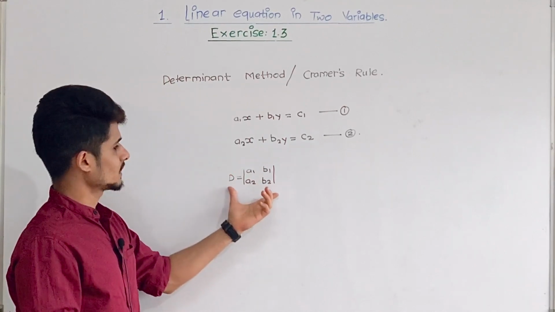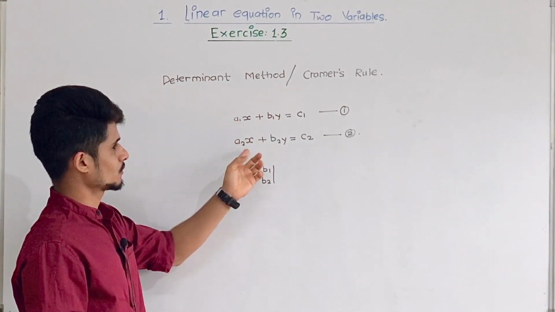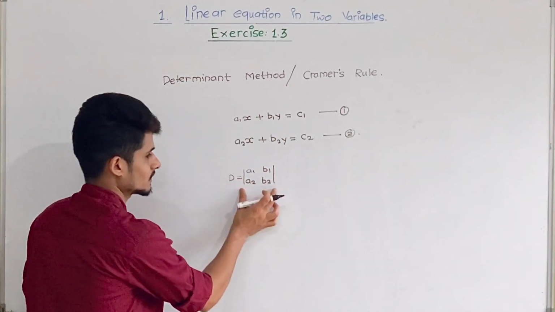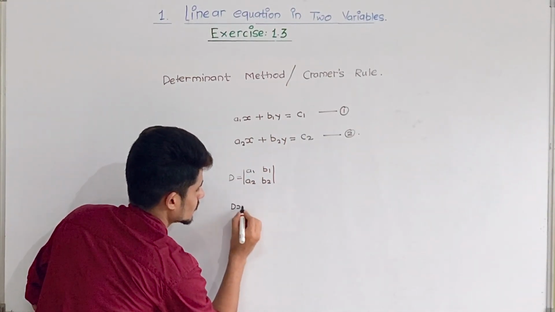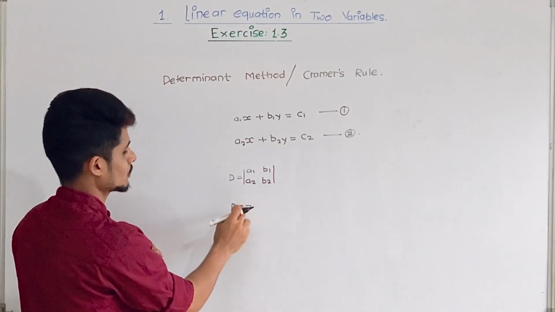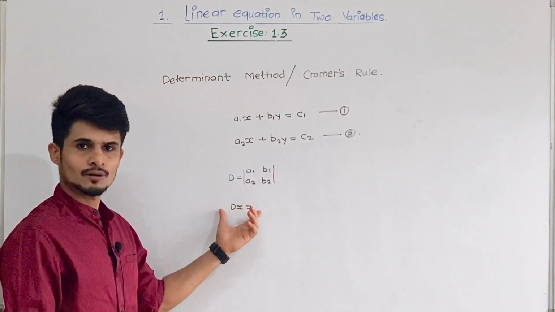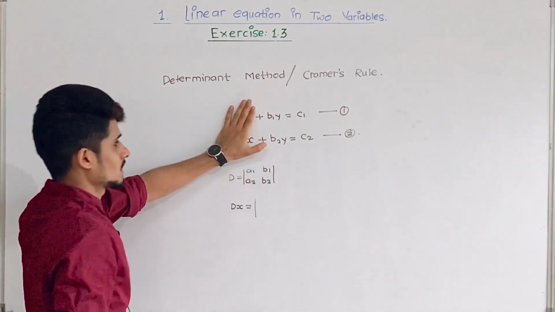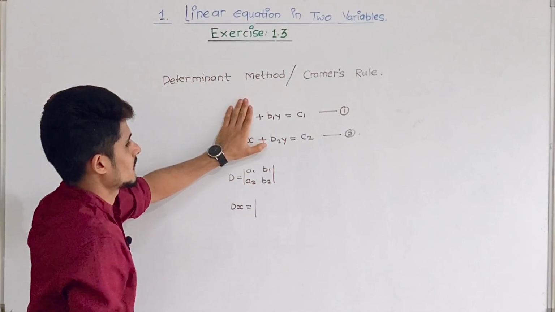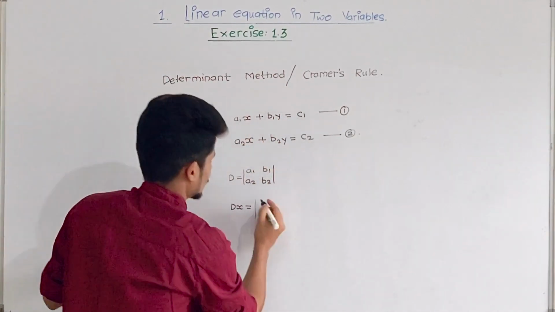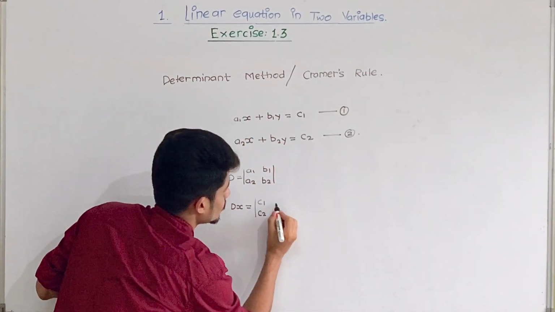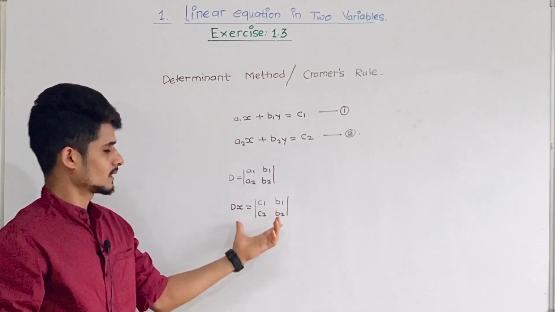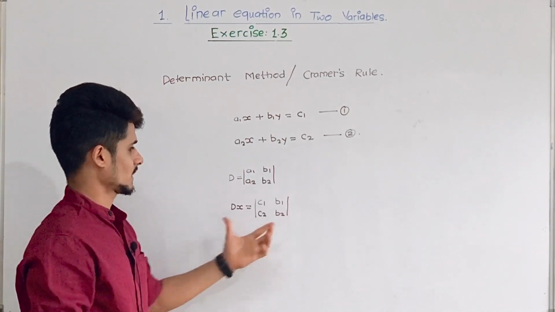Similarly, we need to find Dx, the determinant of x. In the determinant of x, we omit the x coefficients and write c1, c2 in their place, keeping b1, b2. This is the determinant of x.